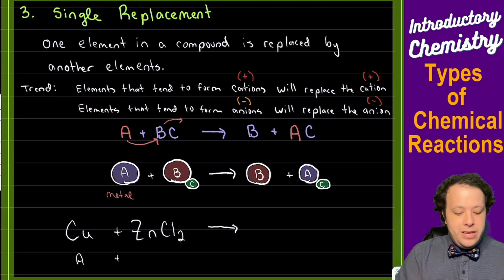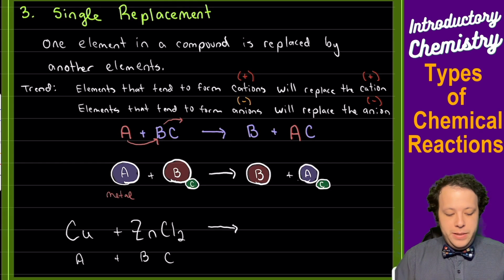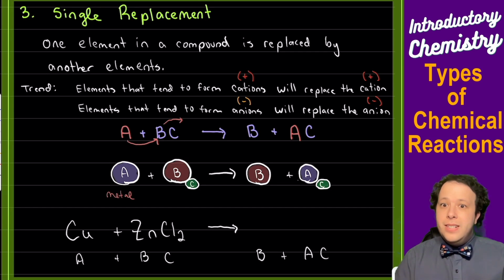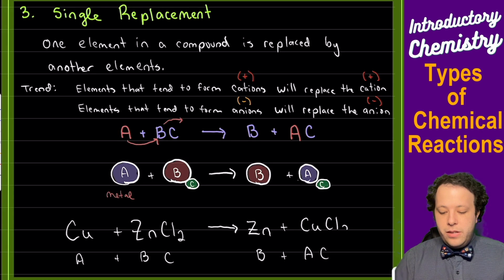So this would be A plus BC. And what that's going to be creating is A is going to replace B, and then AC is going to be created. So copper is going to replace zinc. That would be one product. And then we're going to be creating copper with chlorine in our final product.